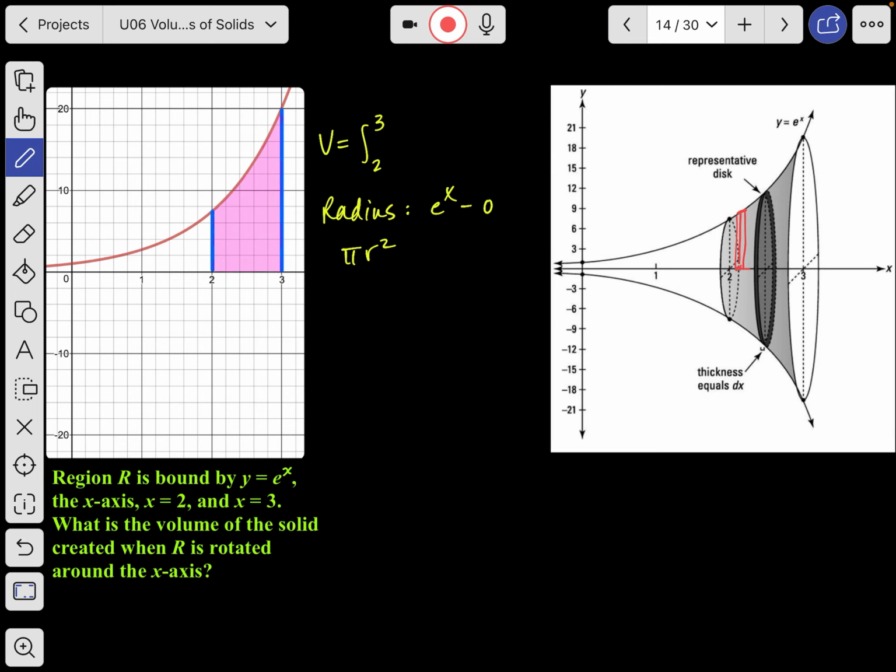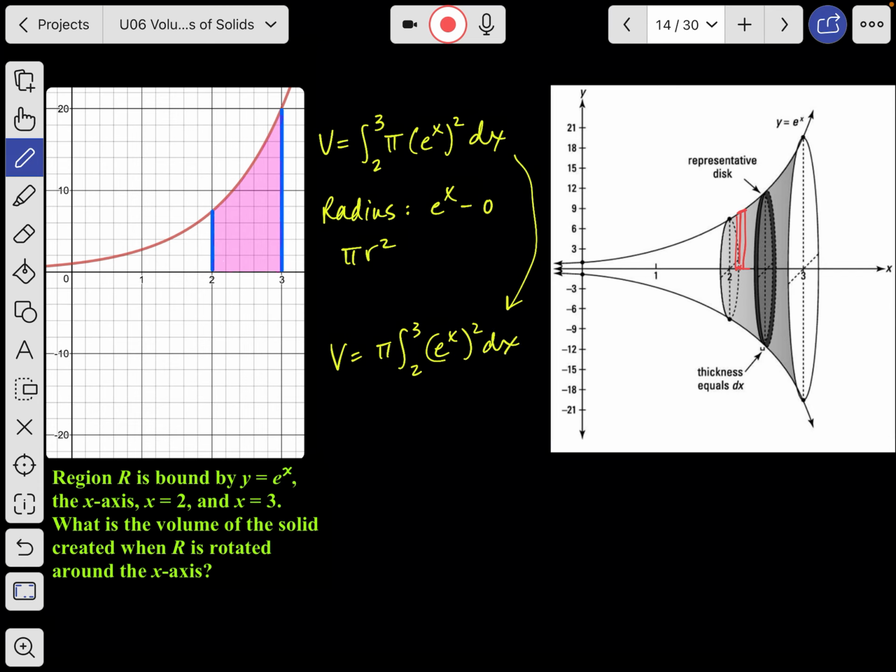And we know the formula for our circle, pi r squared, so pi times the radius squared dx. And that's all it is. Usually we'll factor out the pi, and then e to the x squared dx.